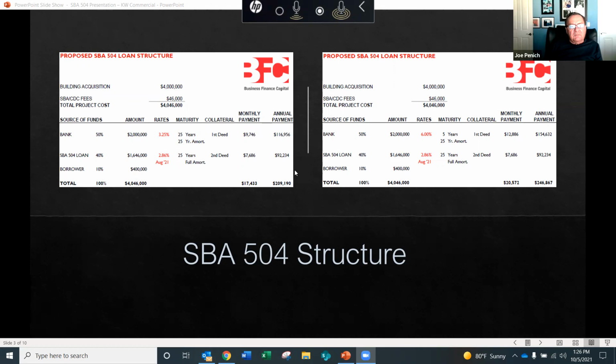So on your 504 program, the buyer essentially has to negotiate two different loans with two different lenders. Well, they're going to be working with two different lenders, but they only have to negotiate the first mortgage because everybody who qualifies for the program, strong borrower, weak borrower, they all get the same rates, fees, terms, and conditions for the second mortgage piece.